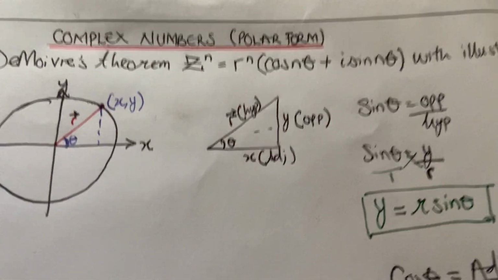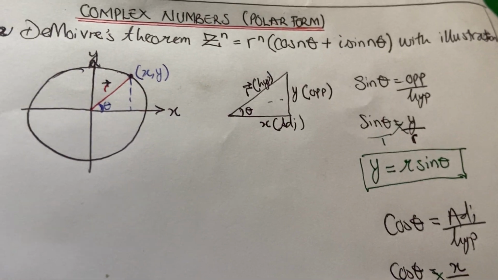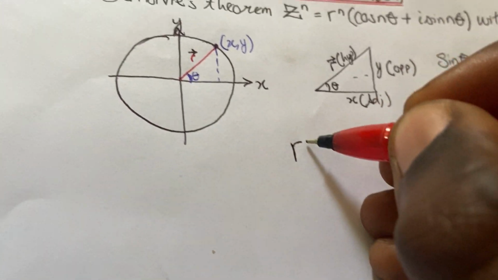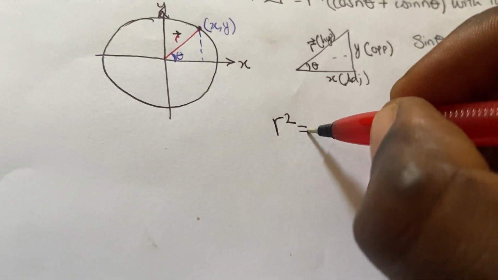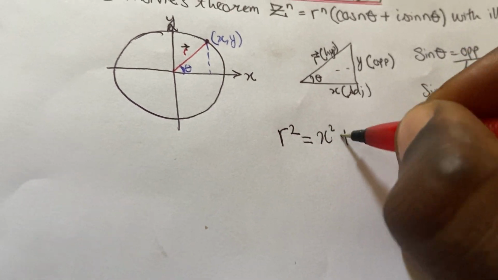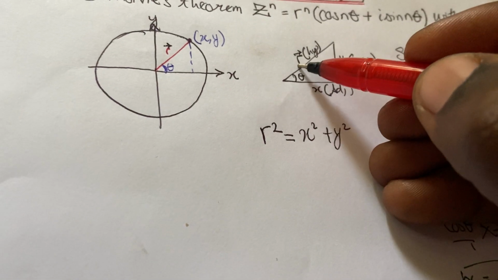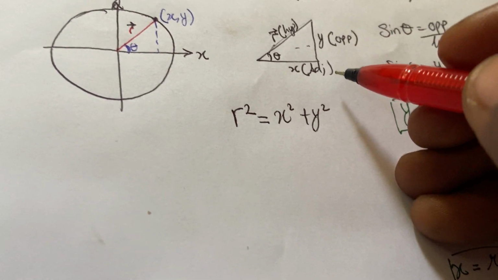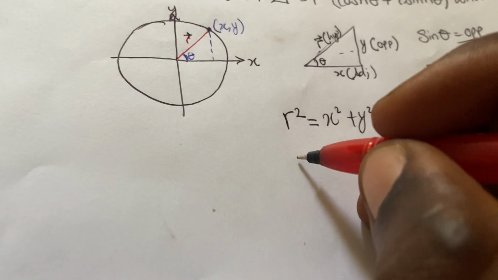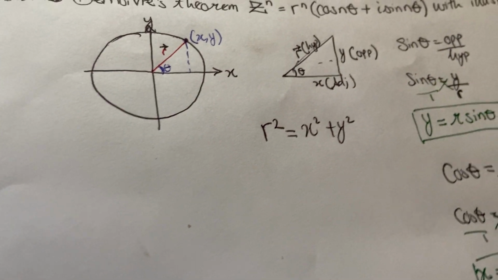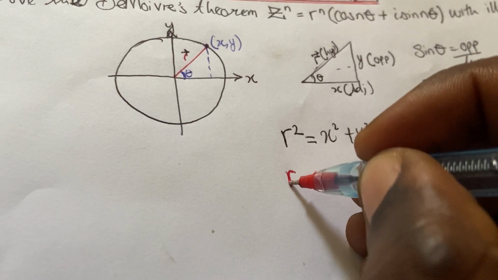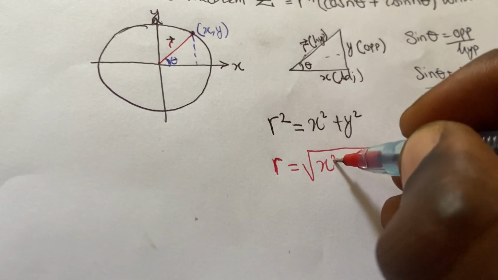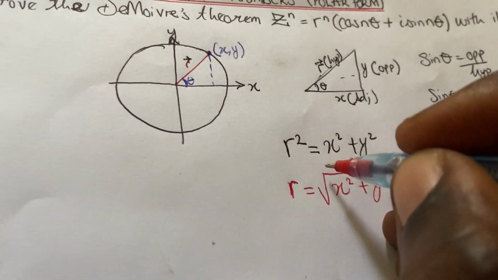Now back to this, we can say from Pythagoras' theorem that r squared equals x squared plus y squared. That is hypotenuse squared equals opposite squared plus adjacent squared. If I take the square root of both sides, we have r equals the square root of x squared plus y squared.